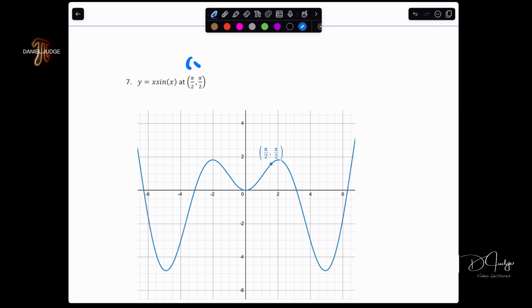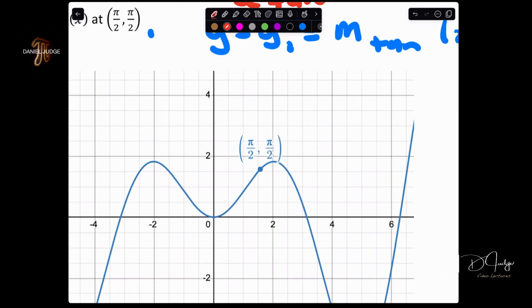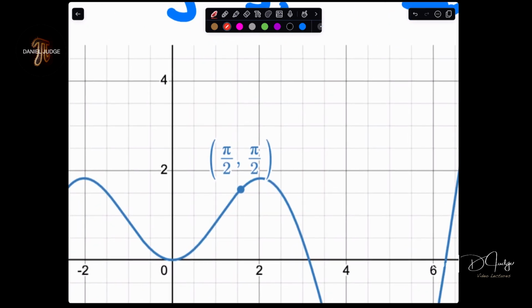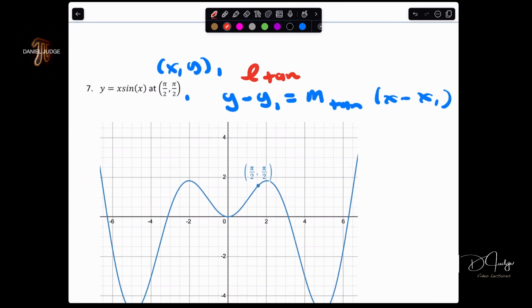So you got your x coordinate and your y coordinate of the one and only point. You're going to use this point slope form. You need a point and a slope for the L tangent. So the line tangent to the curve at this particular point here.